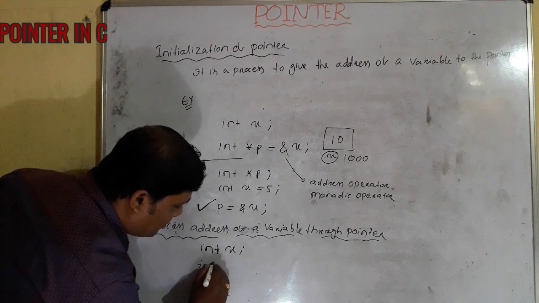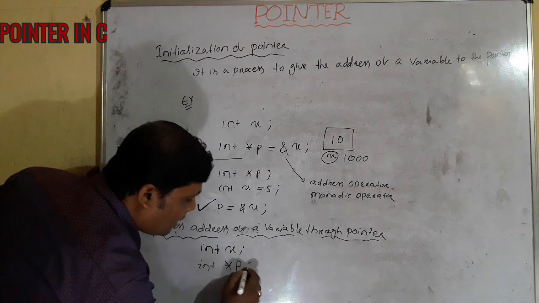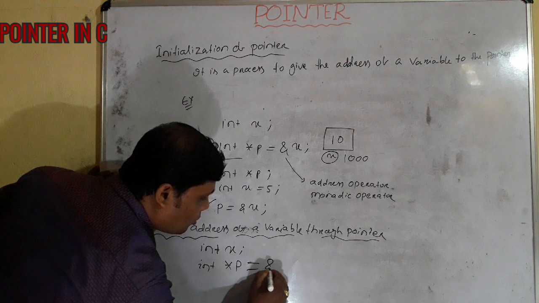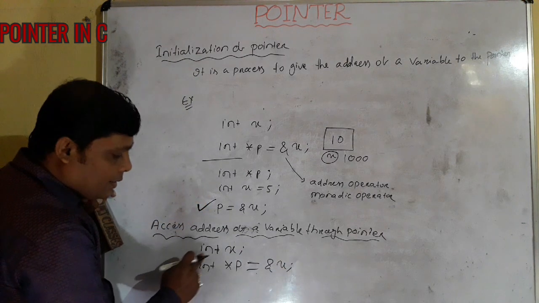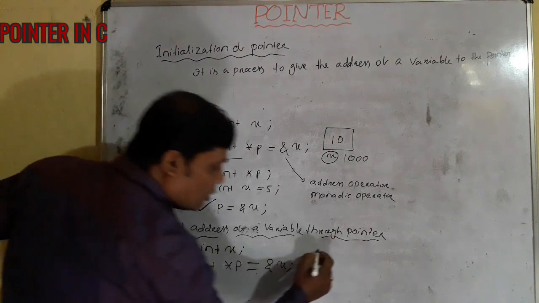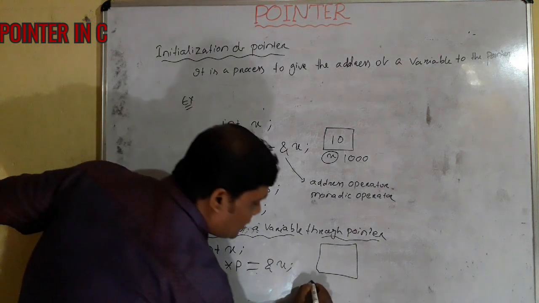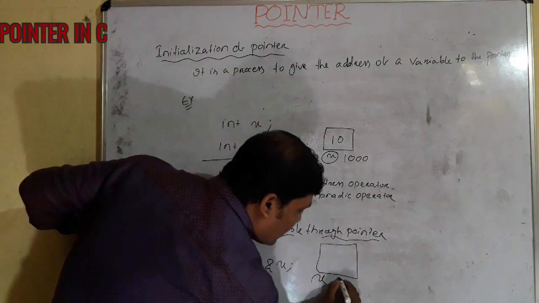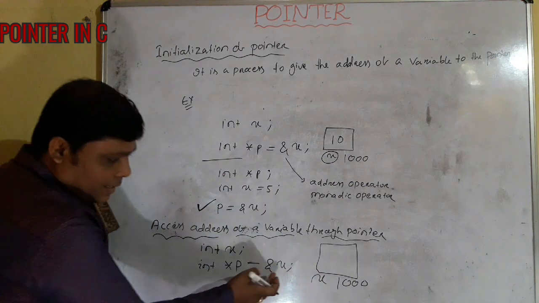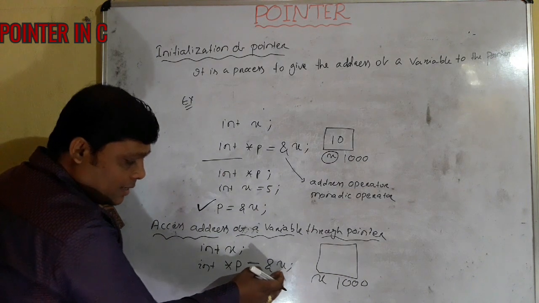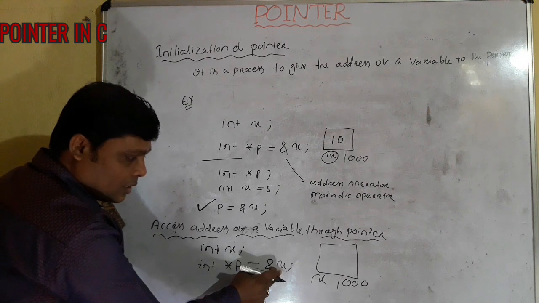And one integer pointer is there, int *p, and I am initializing this p with the address of x. So when I declare int x, it will take some memory space, its name is x, and some address, suppose the address is 1000. Then I am initializing one pointer, integer type pointer, with the address of x.